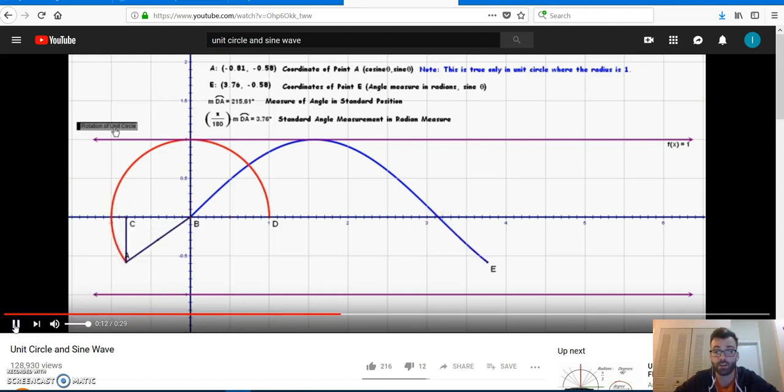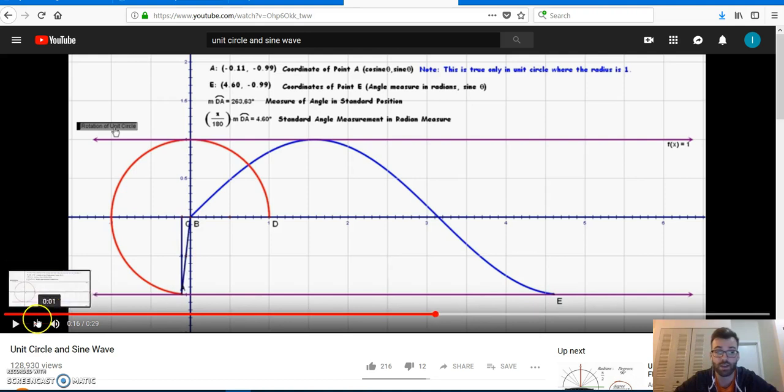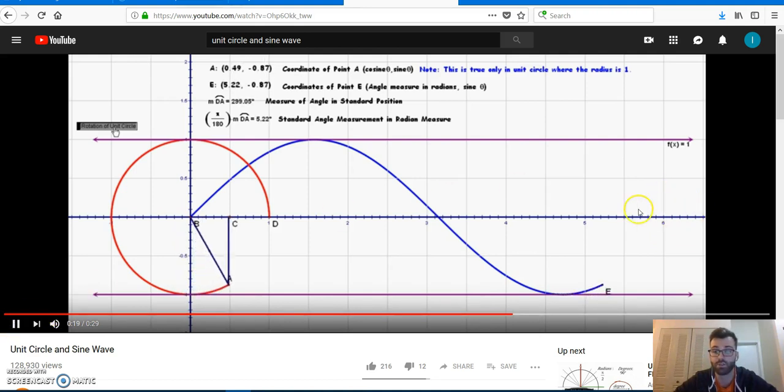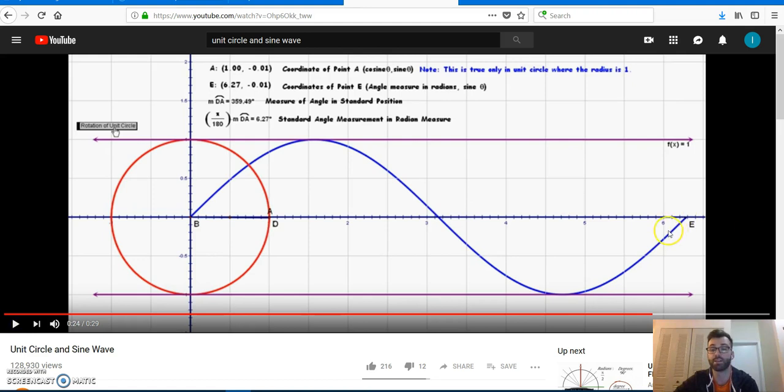As our unit circle goes on to 3 pi over 2, or in this figure, about 4.71, our sine curve hits its minimum of negative 1, and it goes back up to 6.28 or 2 pi, and our sine curve returns back to 0. The thing about this is it's going to go on forever, in the negative direction and in our positive direction as well. But our range will be from negative 1 to 1.